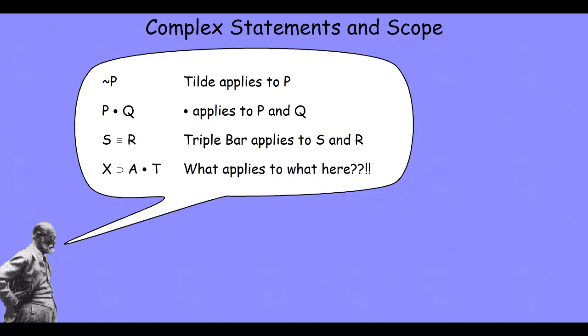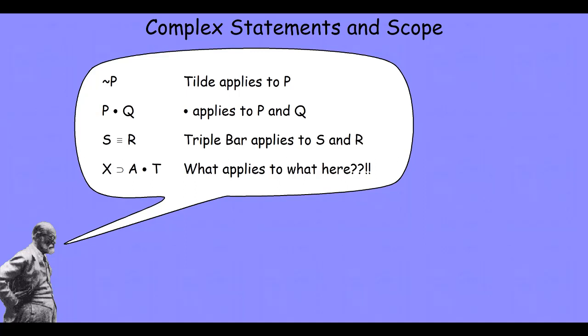However, once we start getting more complicated sentences with multiple logical connectives and multiple simple statements, then we have to have a mechanism for determining what simple statement gets attached to which logical connective. And so this statement, X horseshoe A dot T, isn't a good sentence.